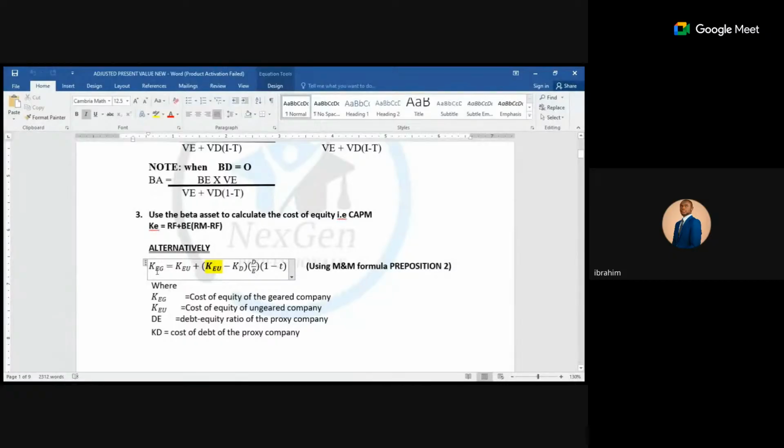You'll be given in the question that the cost of equity of the proxy company is this. That will be the cost of equity of the geared company. Then you have to make KEU the subject of the formula. That is, let S represent KEU.